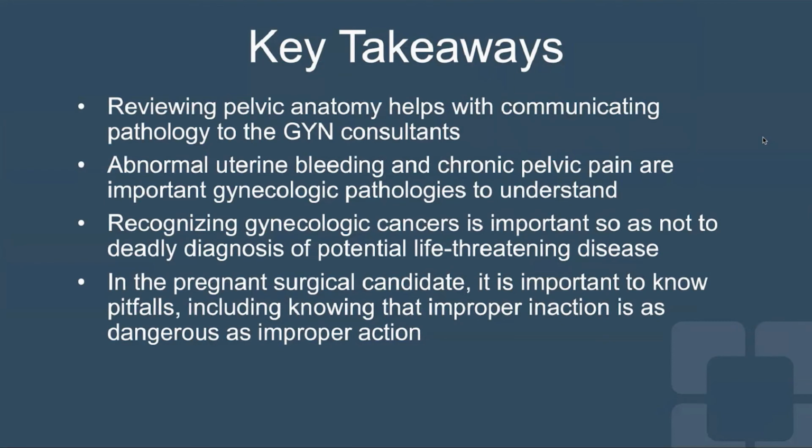Recognizing gynecologic changes is important so as not to delay the diagnosis of a potentially life-threatening disease. And in the pregnant surgical candidate, it is important to know pitfalls, including knowing that improper inaction is really as dangerous as improper action. And I hope the slides at the end can help to identify some of the more commonly seen pathology that you're going to see while you're in for a general surgery type region.